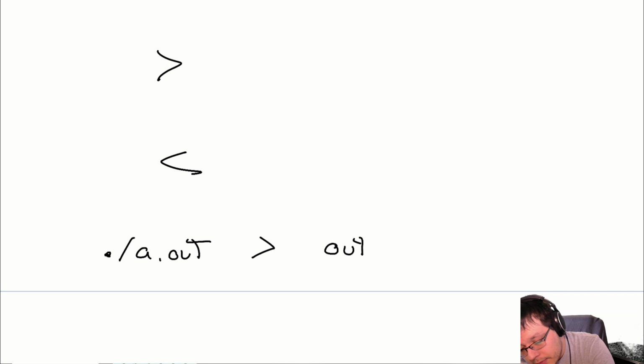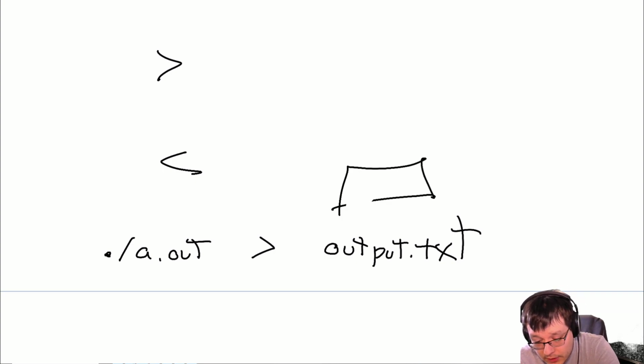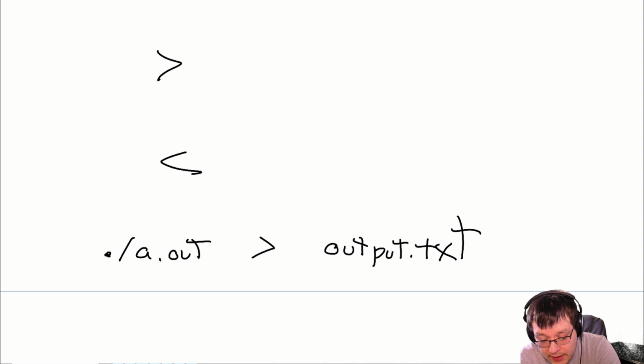So like output.txt. Beware, if such a file already exists, it's going to overwrite it. So I've seen people put the name of their programs right here. So like, let's say hello.cpp, and then they run it, and then their entire program just got overwritten by output, and bam, they just lost all their work if they didn't have a backup. So be careful about that.